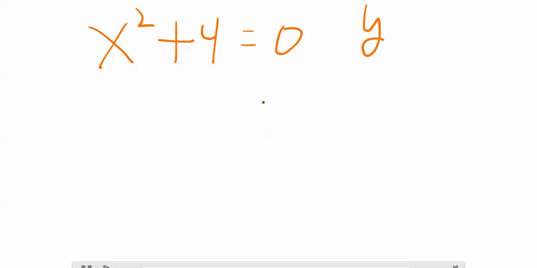If you come over and look at this one, you've got x squared plus 4 equals 0. If we think about this graphically, you've got y equals x squared plus 4, and you have y equals 0.